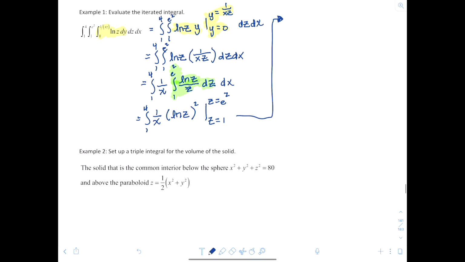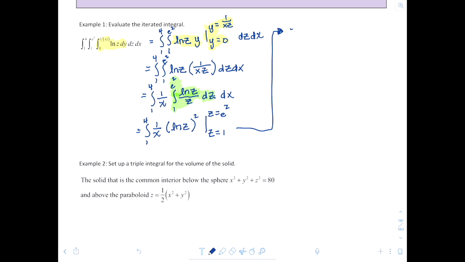Continuing, we will have the integral from 1 to 4, and then 1 over x is still hanging out. And then we will have natural log at e squared, squared, minus natural log at 1, that whole quantity squared. And we'll still have our dx hanging out. So this is the continuation of working the green integral.